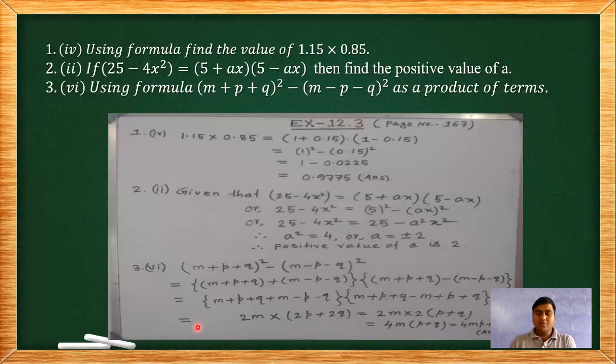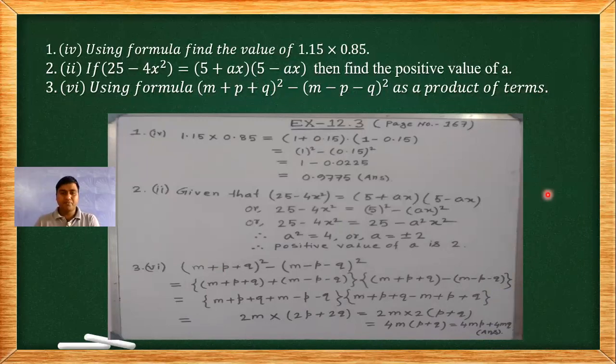We write the formula a square minus b square is a plus b into a minus b. This is m plus p plus q plus m minus p minus q, into m plus p plus q minus m minus p minus q.